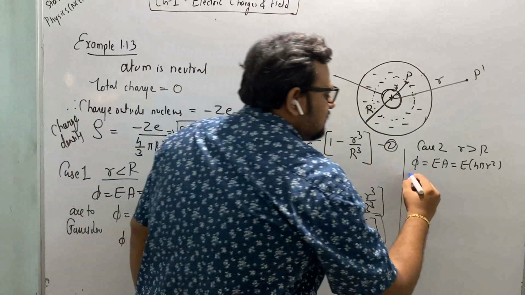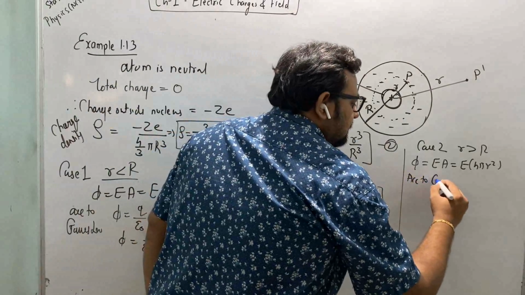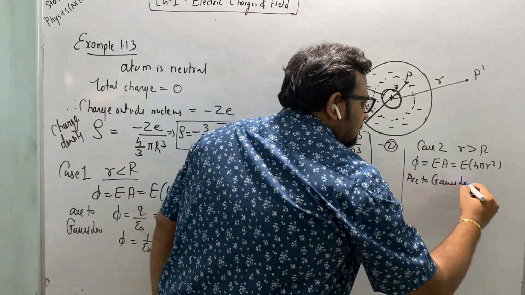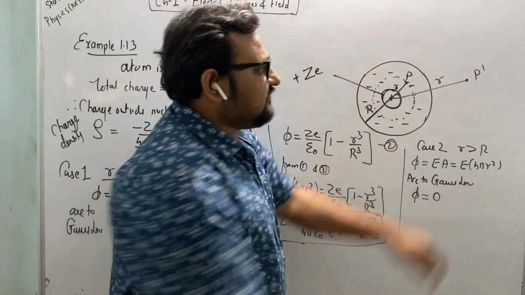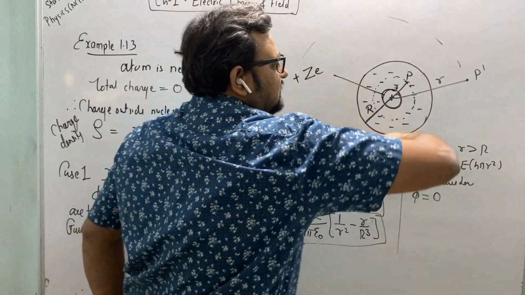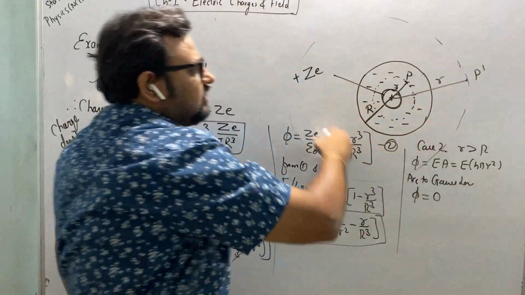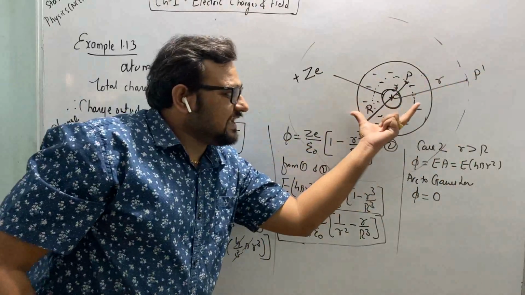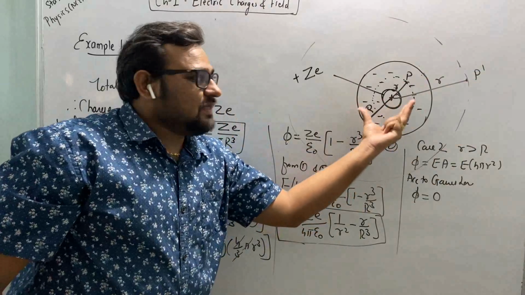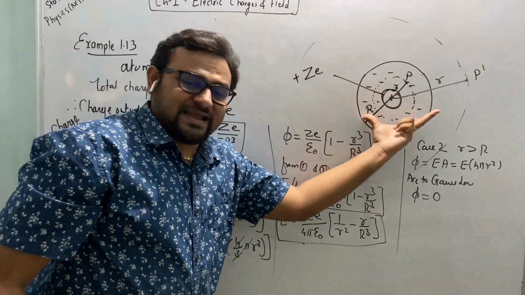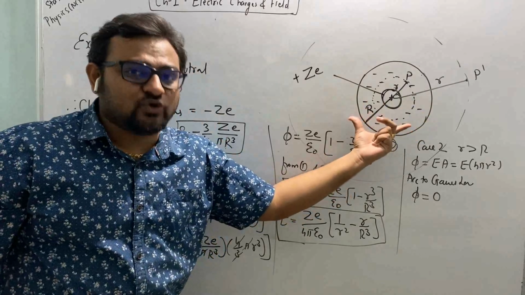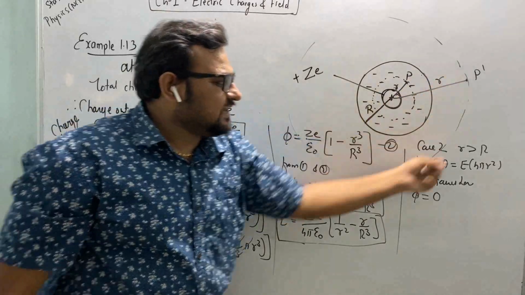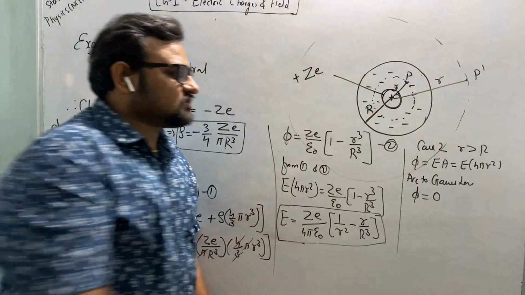And by Gauss law, flux is equal to 0, because if I take this as an imaginary surface, the total charge enclosed inside, that is plus Ze minus Ze, is 0. The atom is neutral, so the total charge inside this surface is 0, so the flux is 0.